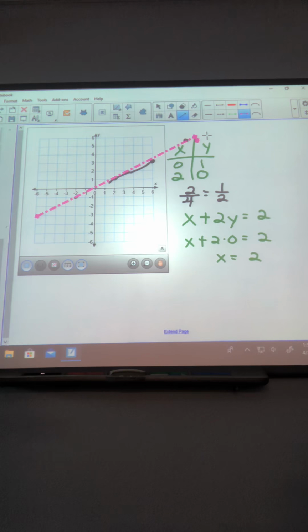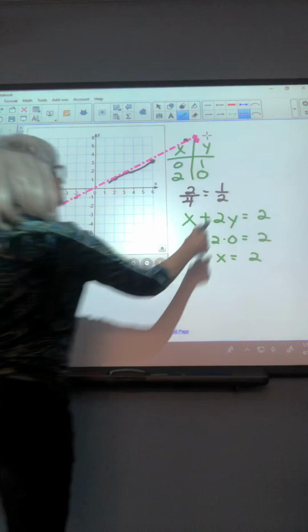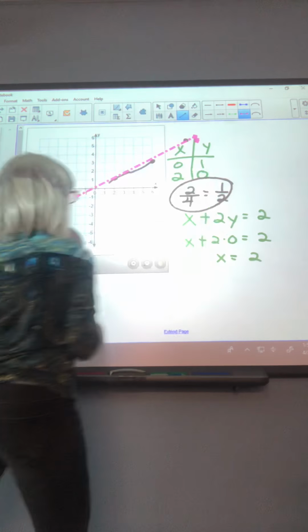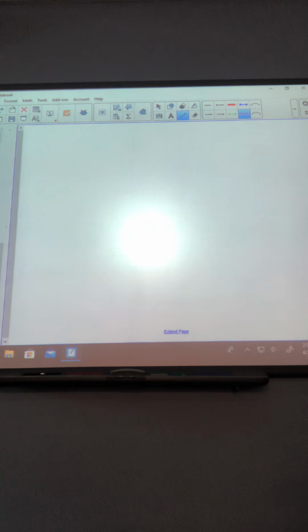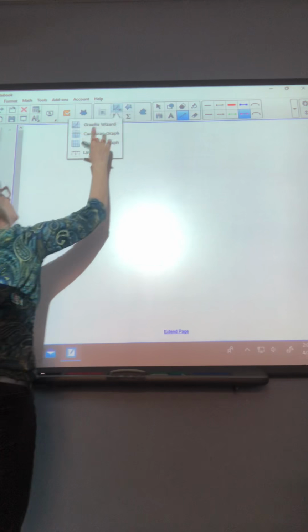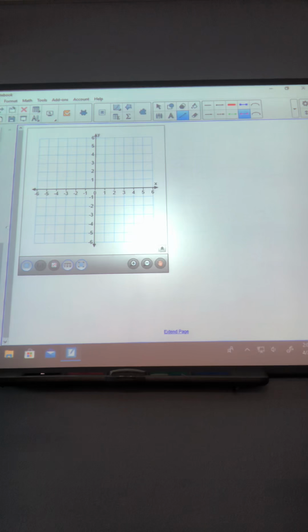All right, so now B says, with the points (2, -4) and (-3, 2), find the slope. So with your graph paper, go ahead and plot those 2 points.